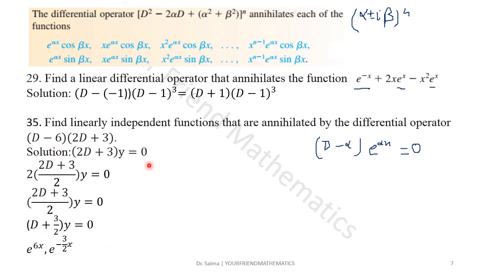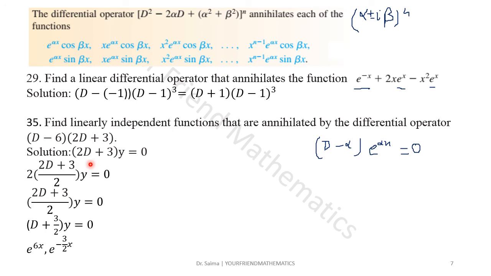So to find the second function, which is annihilated by 2D plus 3, because here the coefficient of D is not 1, we first convert it into 1. So first we write this as a homogeneous differential equation: (2D plus 3) y is equal to 0. We need to find y.